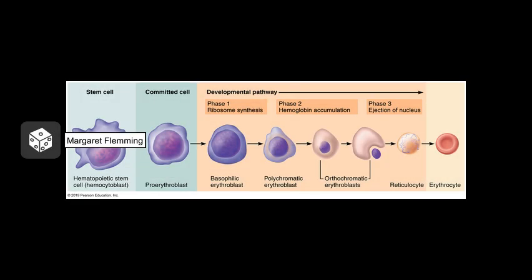Now, again, I'm not going to ask you to remember all of these steps of erythropoiesis. It is important for erythropoiesis to continue throughout your life in the red bone marrow, because a mature red blood cell does not have a nucleus. Red blood cells live to be about 120 days. Again, they are destroyed predominantly in the spleen, but also in the liver.